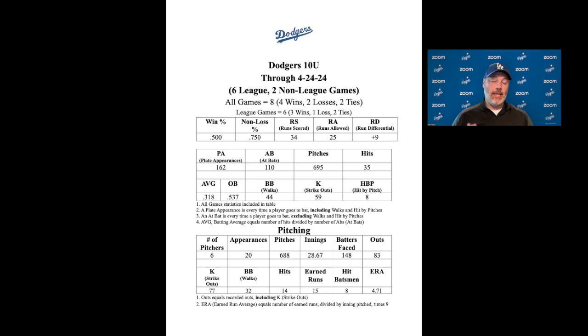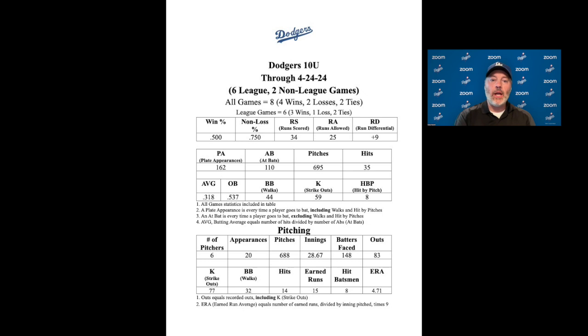As a team, we have thrown 688 pitches. So over the season, we have thrown fewer pitches to our opponents than they have to us. We have clocked 28 and 2/3 innings over the season because one game was called for time purposes.